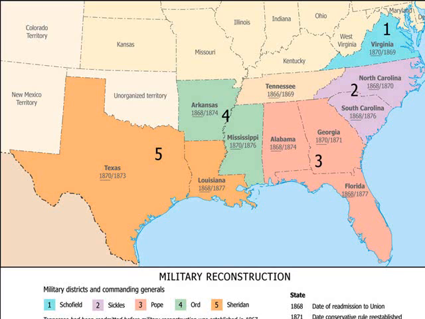So each one of these areas had to be controlled by a commanding general, and they were responsible for protecting these newly freed slaves, these new freed men, and making sure that Reconstruction went as presented to them.